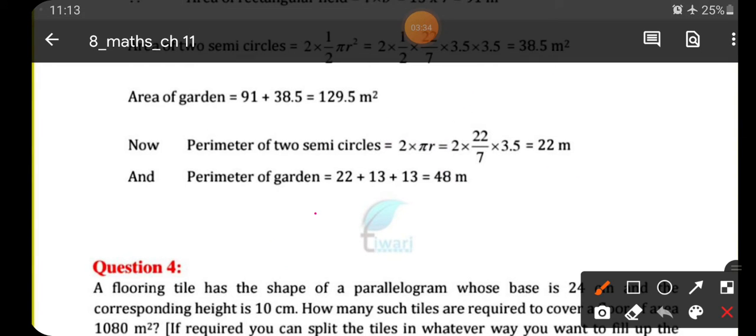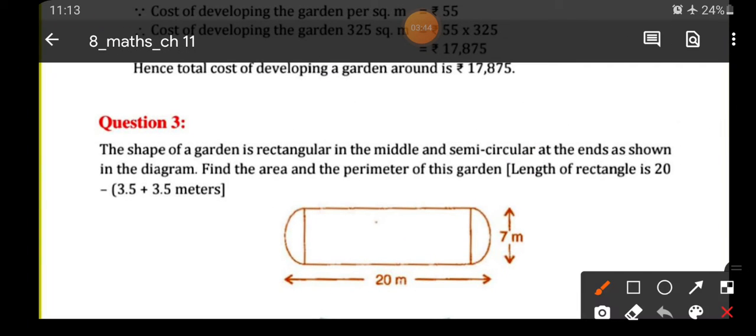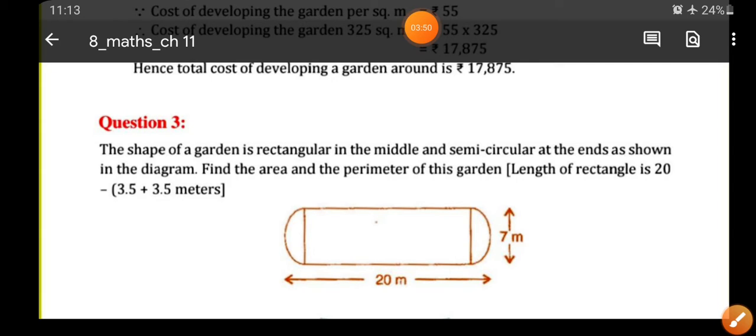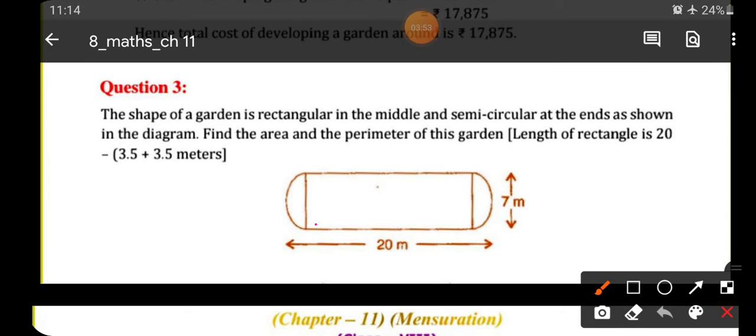Perimeter of garden, 22 plus 13 plus 13. Because you have to find out perimeter. How? Okay. What is the length? This one 13. Here also 13.